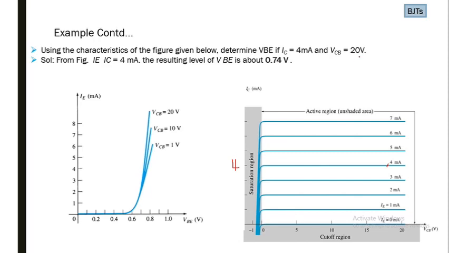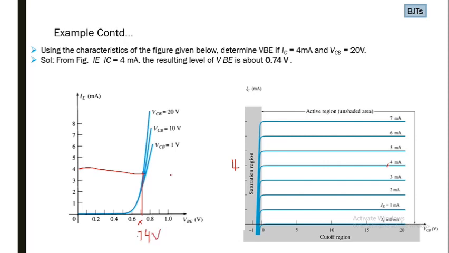Now since VCB is equal to 20 volt, we need to see this curve, and for IC equal to 4 milliampere, at this point we need to find VBE, and this is approximately equal to 0.74 volt.